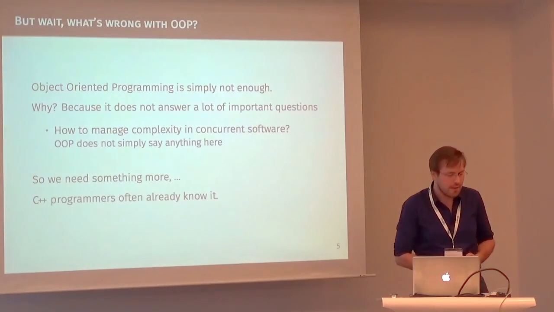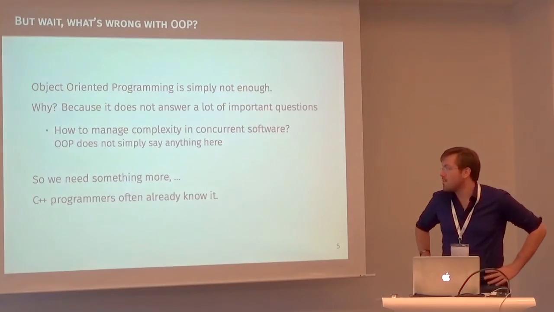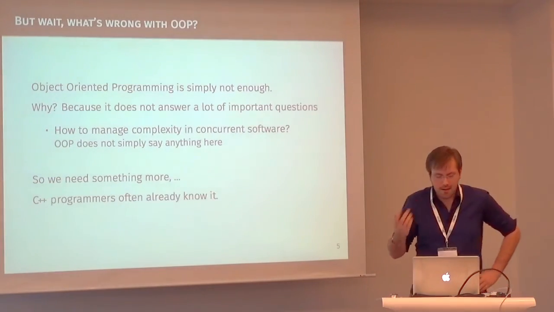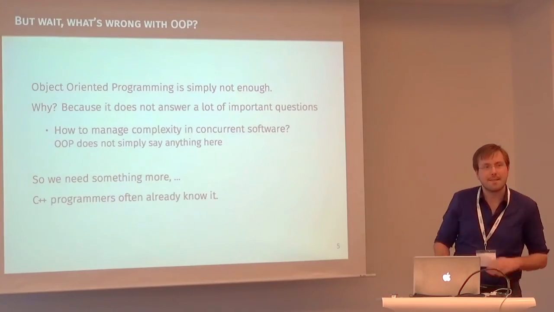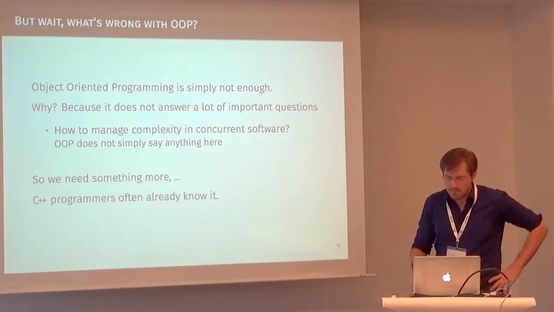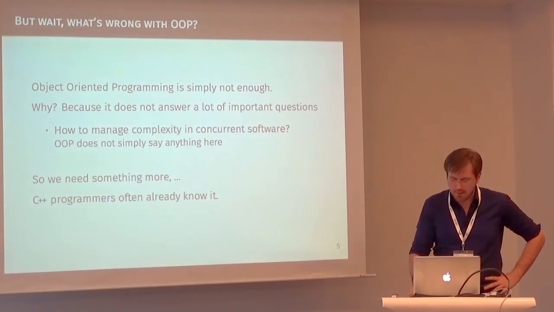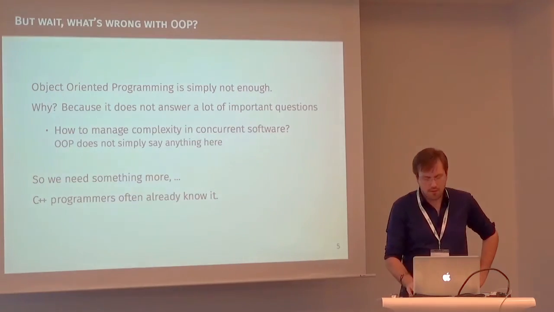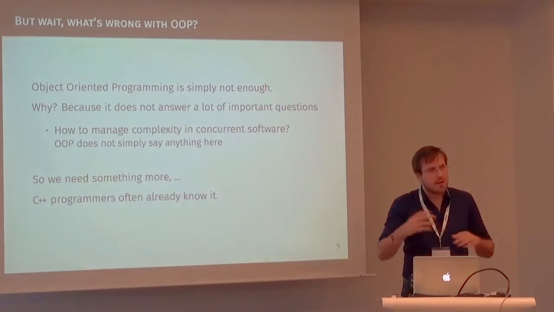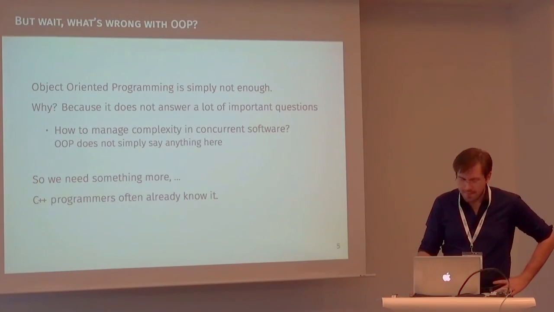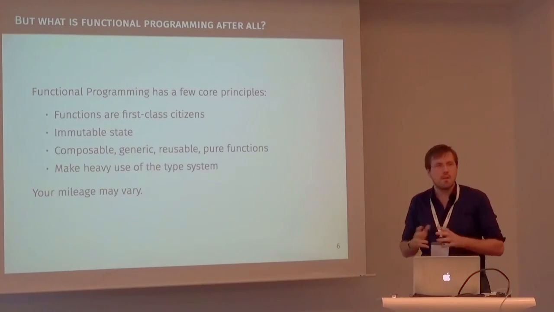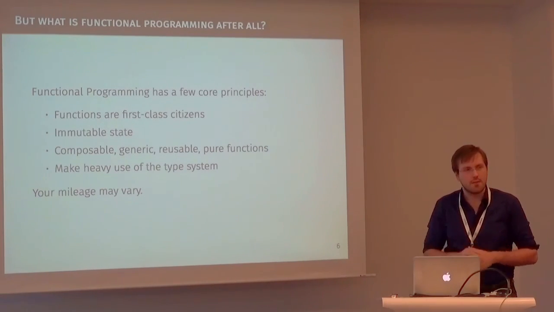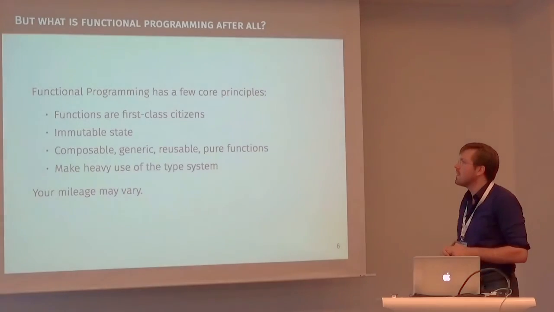So we need more, and C++ programmers know it because they invented a lot of techniques and paradigms that help object-oriented programming answer these questions, like generic programming and all of this, okay? So functional programming can be part of the answer to these questions.